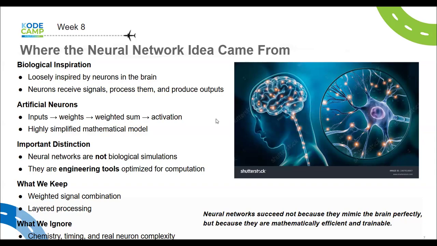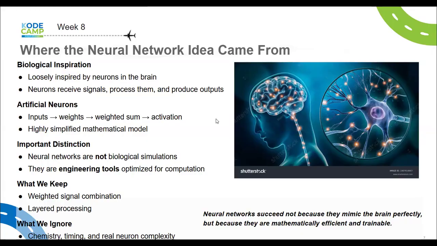In fact, the way artificial neural networks are interconnected is far different from the way biological neural networks are interconnected. In artificial neural networks, we have layers, but in biological neural networks, there's nothing like layers. You have clusters, right? And you have loops in the brain and all of that.